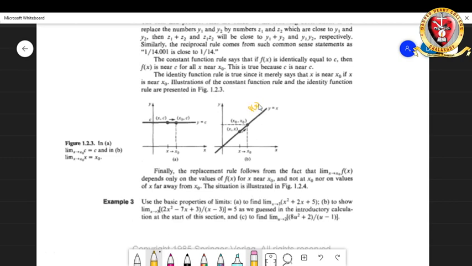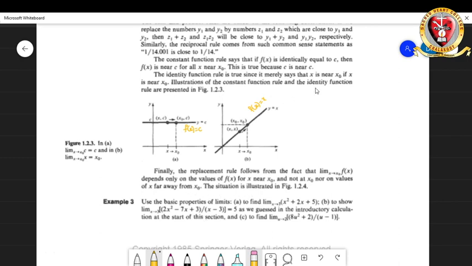So when x is moving like that to x naught, the functional value will be moving also to f of x naught, which is x naught.